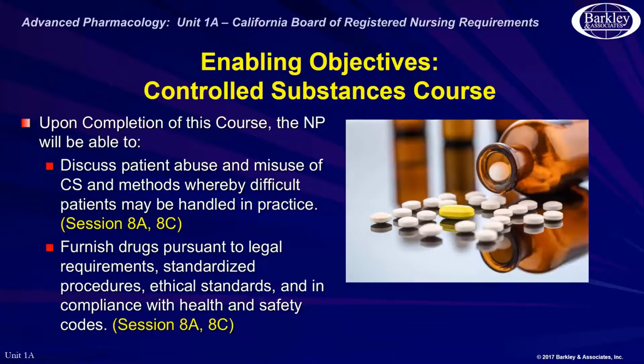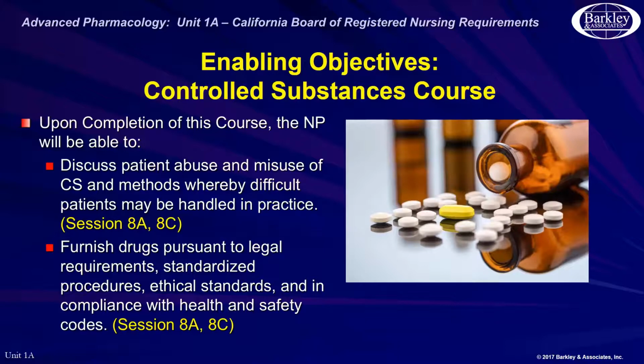Other enabling objectives that the student will be able to understand after completing the course will include discussion of patient abuse and misuse of controlled substances and methods whereby difficult patients may be handled in practice, whether this involves patient contracts or dismissing of patients.